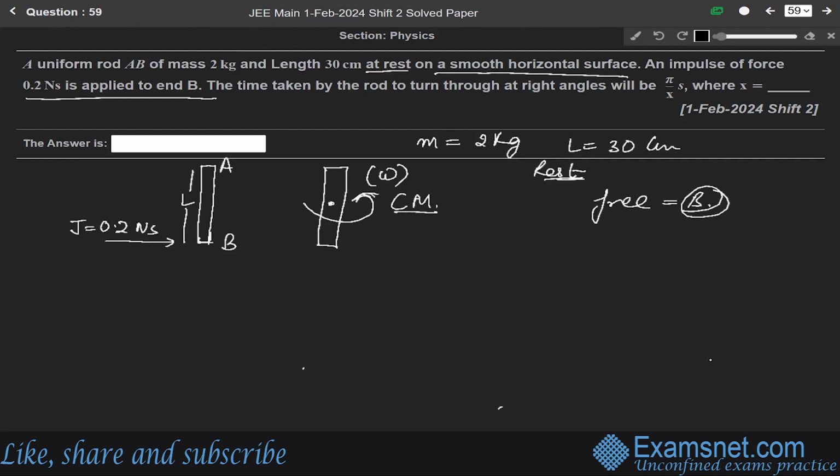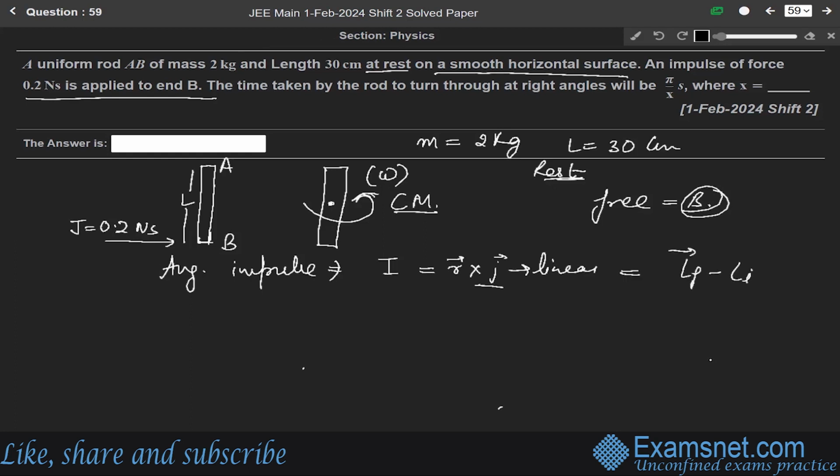Okay, now angular impulse about center of mass CM. So angular impulse will be equal to R cross J, where J is the linear impulse. So it will be equal to L final minus L initial.